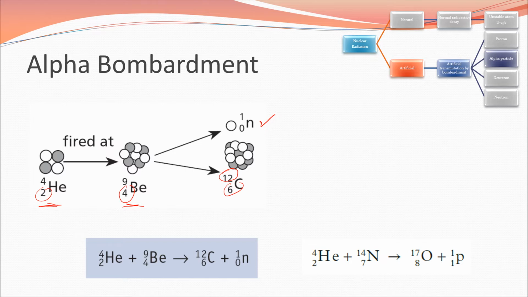Shown down the bottom here with our balanced chemical equation: helium alpha particle plus the beryllium gives carbon plus the neutron. Got another example over here where we're using nitrogen, but in that case a proton's actually given off. Now, if you think ahead, there's a proton given off there, but we've already spoken about how a proton can induce radioactive decay.